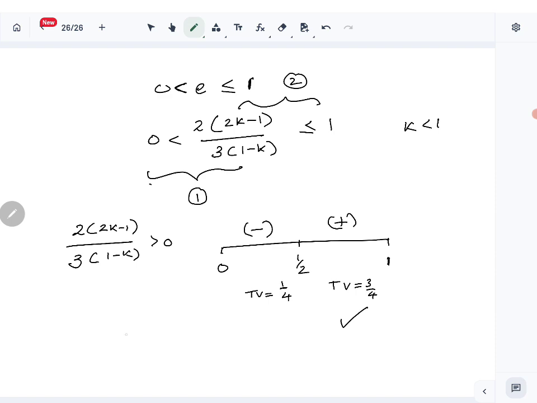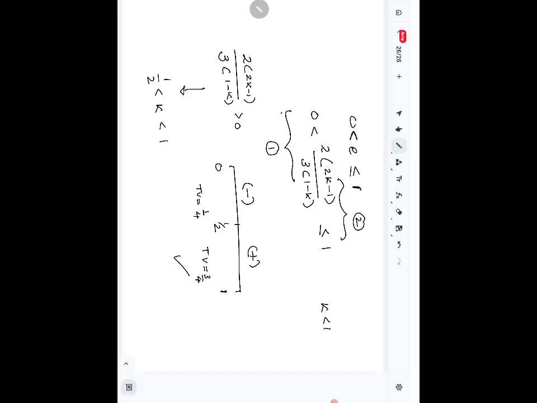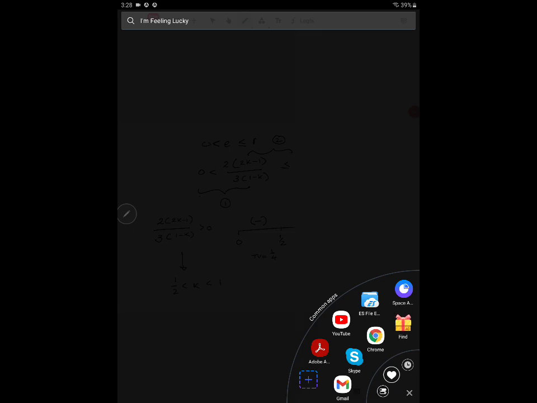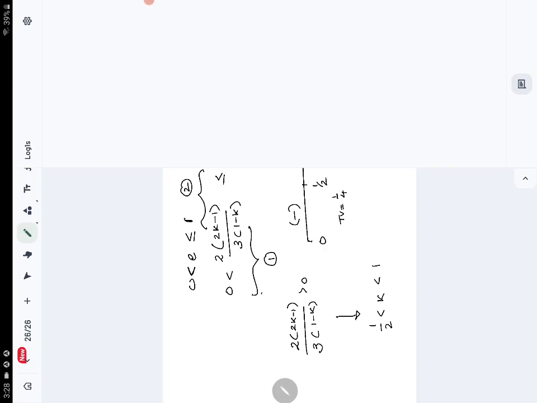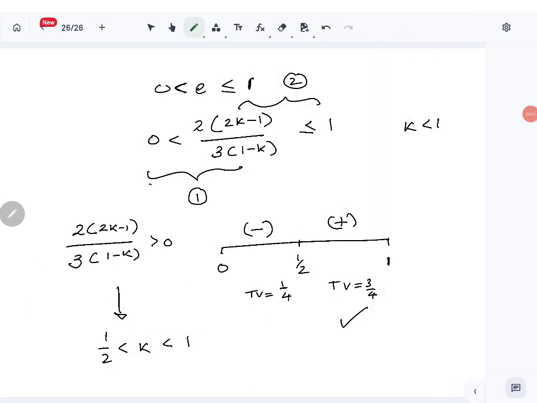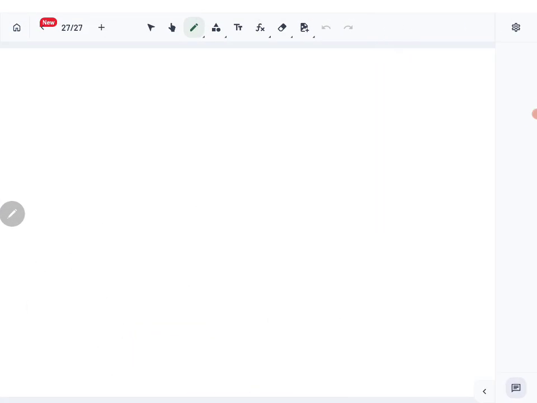So the answer for this inequality is k is between half and 1. Right, then we have to do the second inequality.